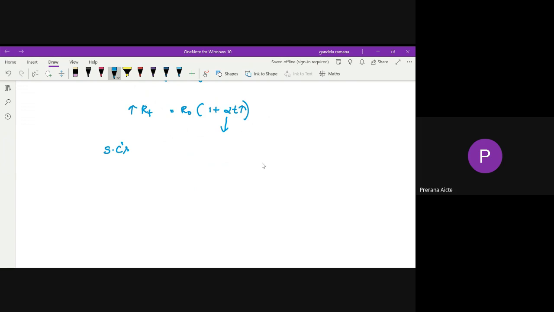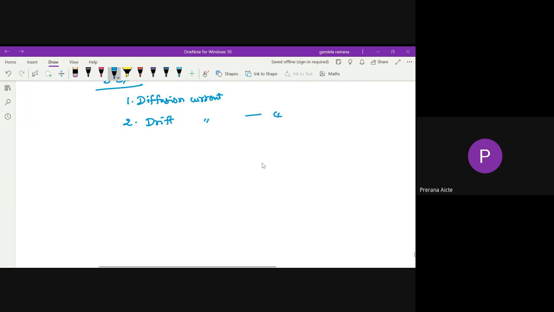There are two types of currents: diffusion current and drift current.